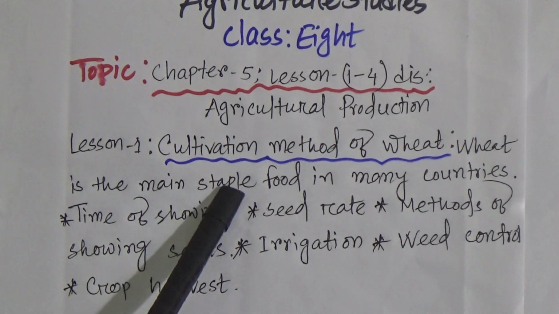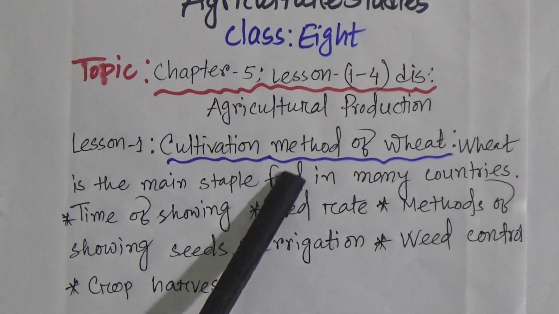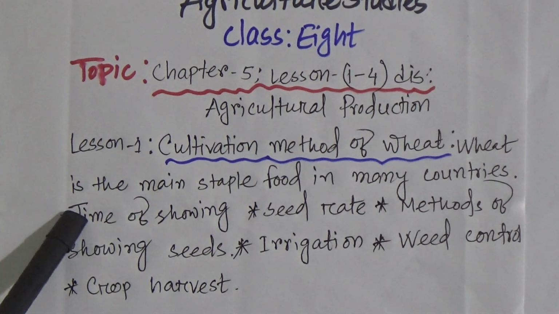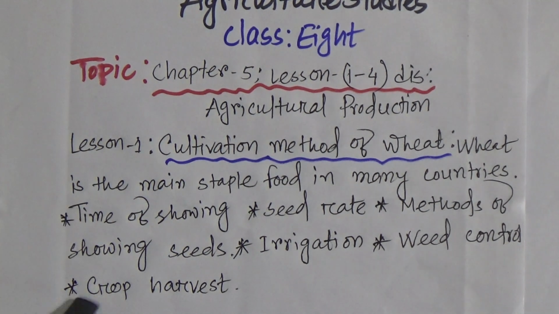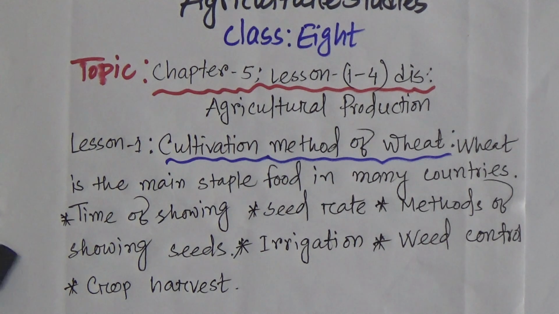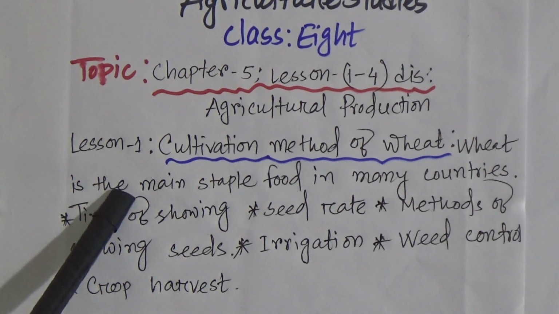Wheat is the main staple food in many countries of the world, and for this reason it holds great importance in the food of the world. In our country, basically Dinajpur, Rangpur, Thakurgaon, Rajshahi, Pabna, Bogura, Jamalpur, Jessore and Kushtia produce more wheat.